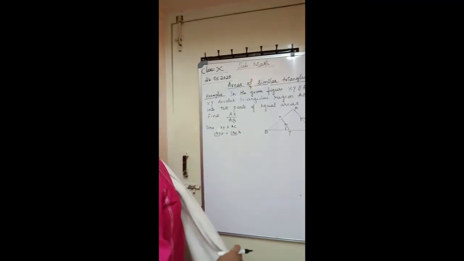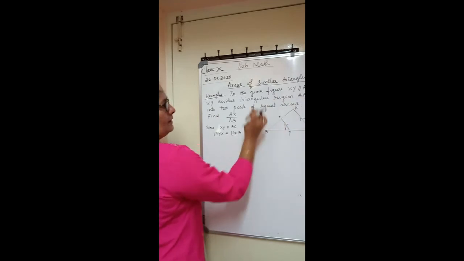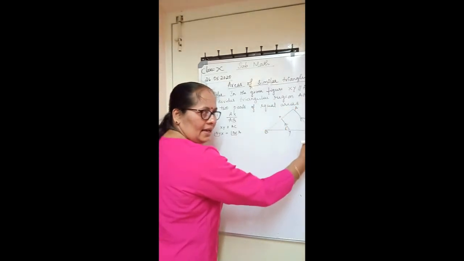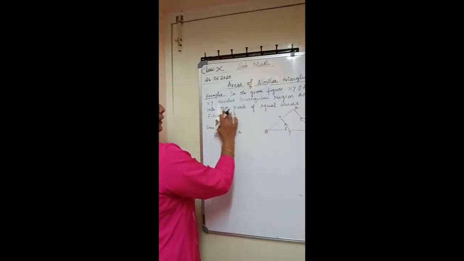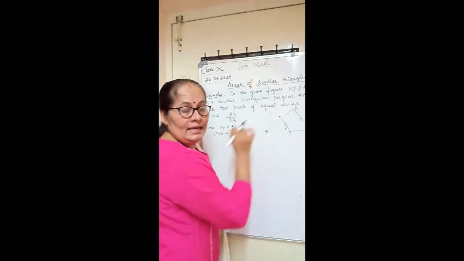Now, also it is given that this line divides the triangle ABC into two parts of equal areas.